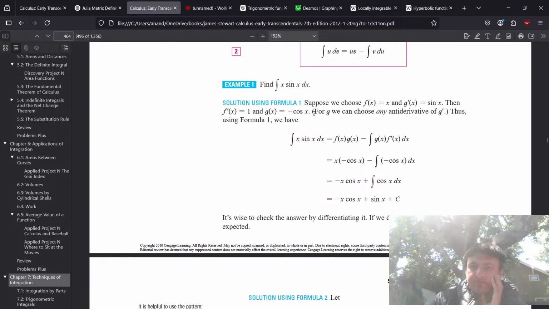All right, so let's do this example. The integral of x sine x.